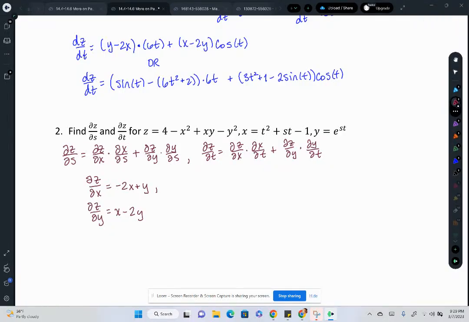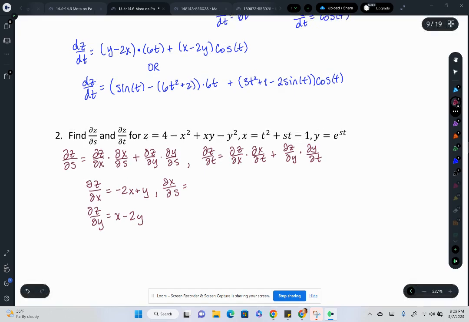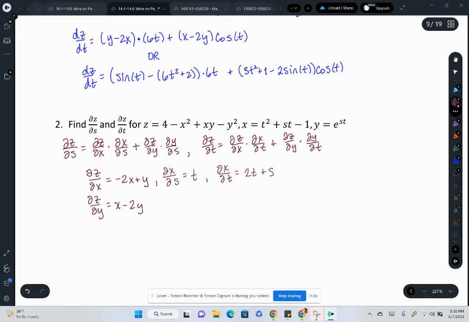I'm going to find del x/del s first. If x is t squared, the derivative with respect to s is 0 there. Derivative of st with respect to s is going to be t, and derivative of 1 is 0. So del x/del s is just t. Del x/del t is going to be 2t plus s.